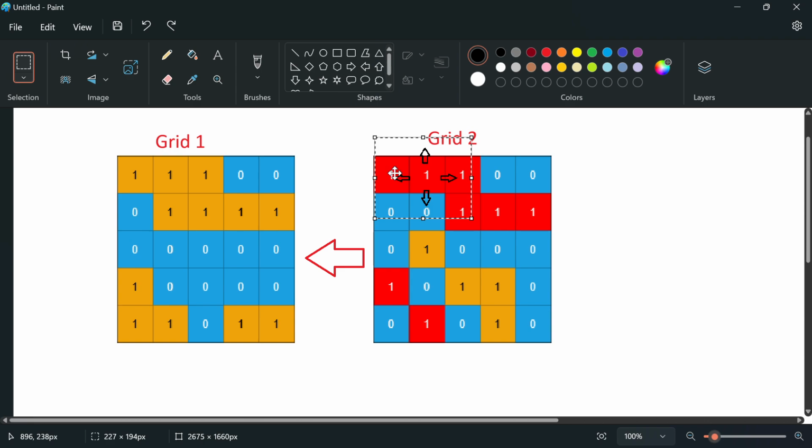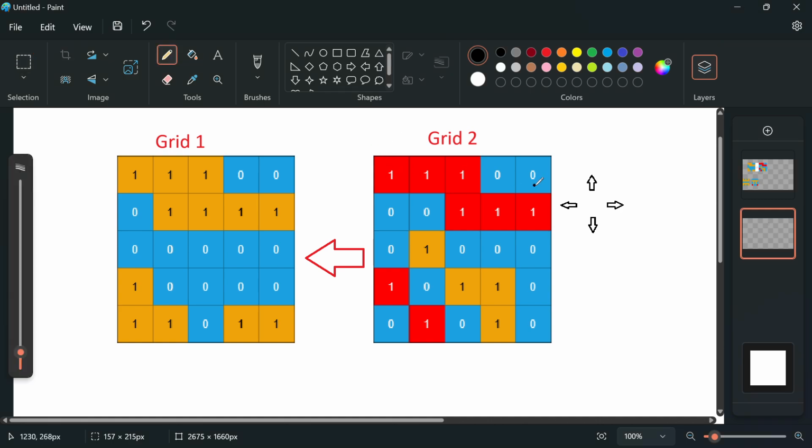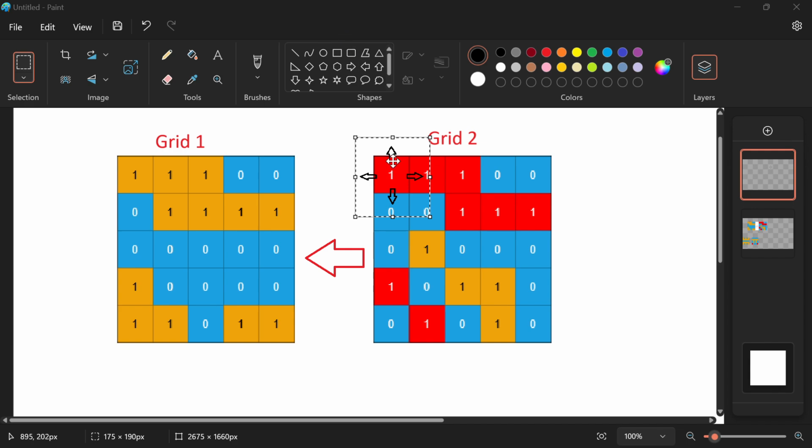We keep a visited matrix of m by n, and initially all are unvisited. Let's say we start with the initial starting one, and we check if there is any unvisited one.